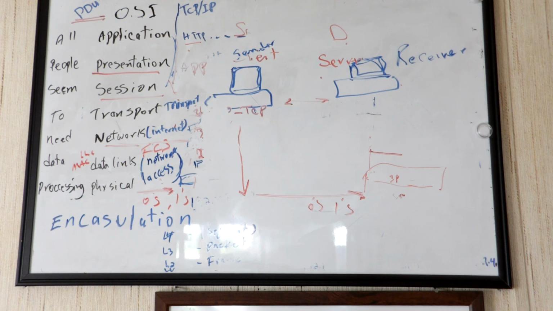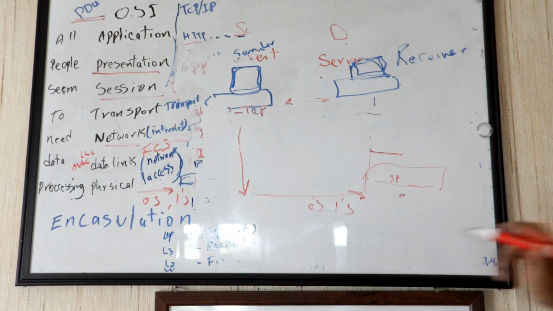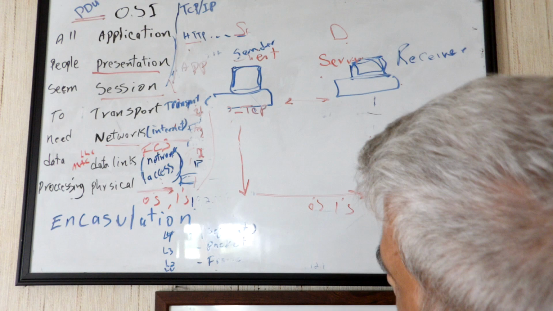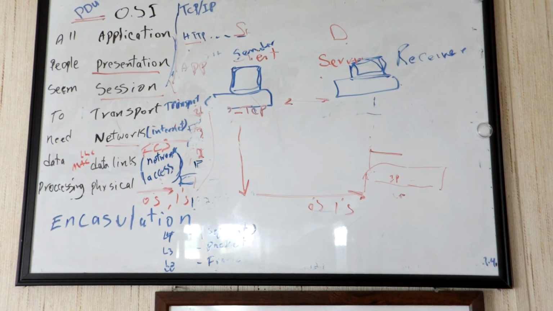Data from upper level is broken up into manageable chunks. Base route to destination is established, and then it converts the data into electrical impulses and places them in the network. These are the 4 layers.